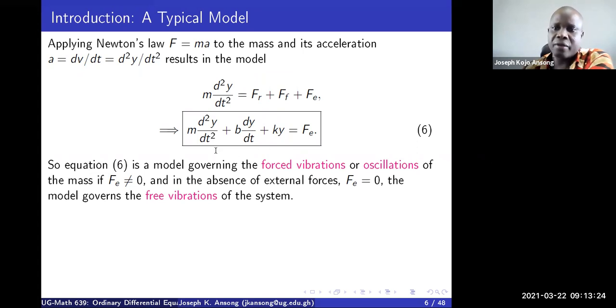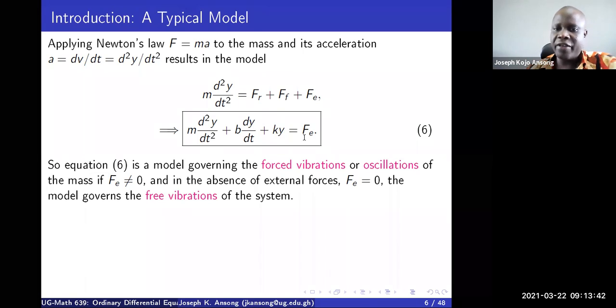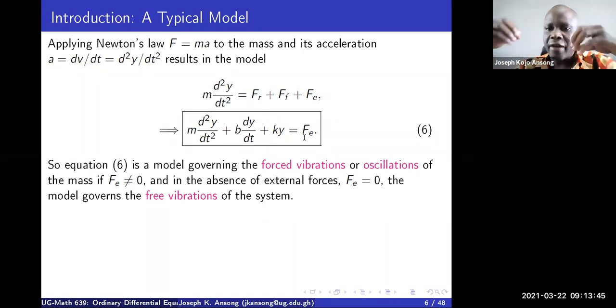It's a model for the oscillations or the vibrations of the mass attached to the spring as it moves back and forth. So that is a model for that system. If the external force, called Fe, is 0, if we don't have any external forces and all we have is the restoring force and the damping, then what we have is called a free vibration.